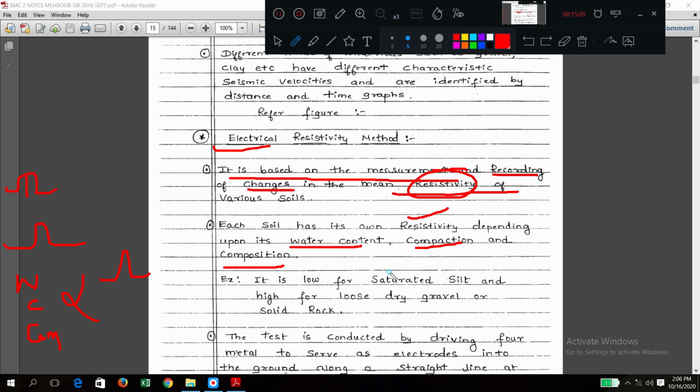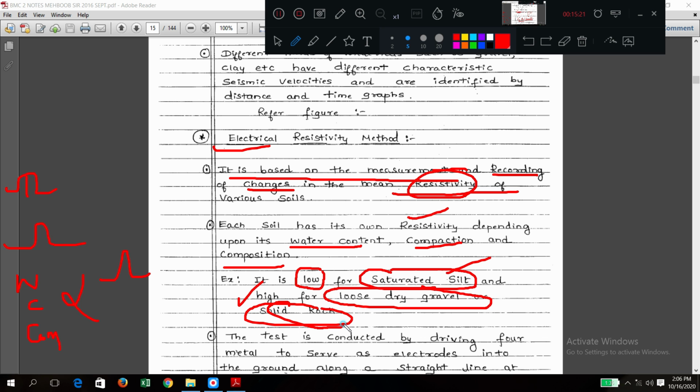For saturated silt, resistance is very low. For loose dry gravel or solid rock, resistance is high. So both ways are possible. It depends upon water content, compaction, composition.